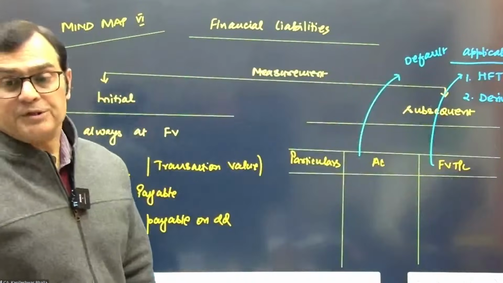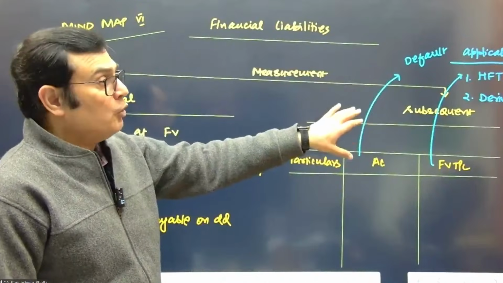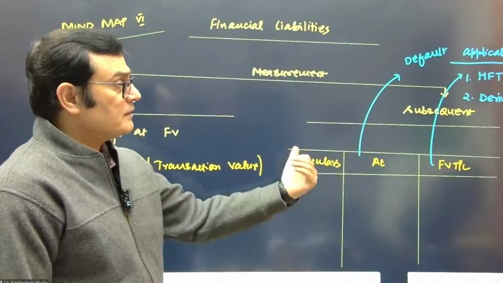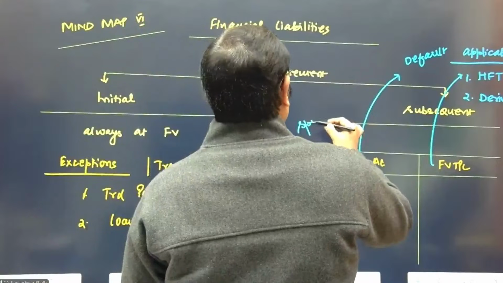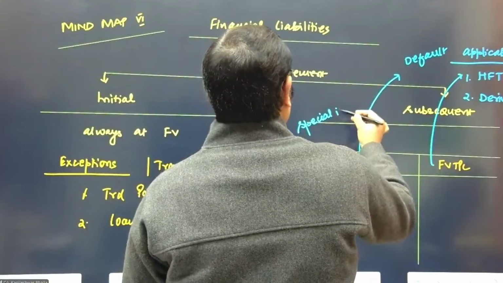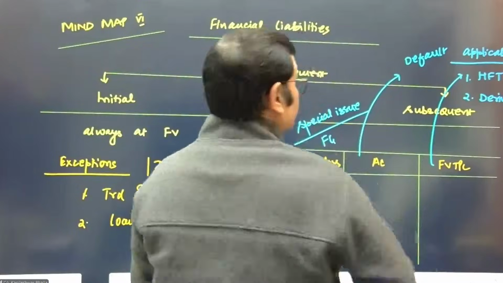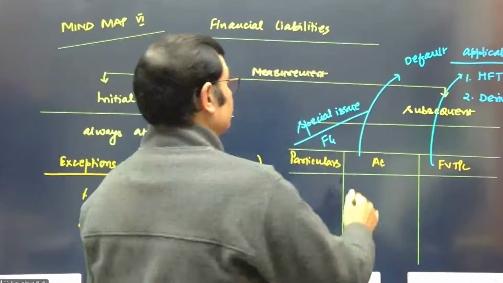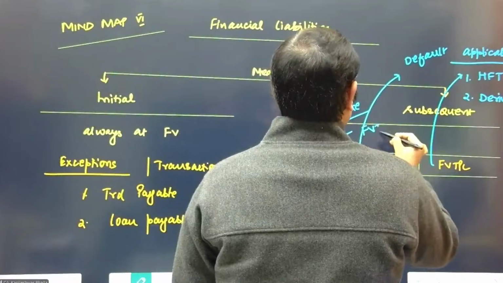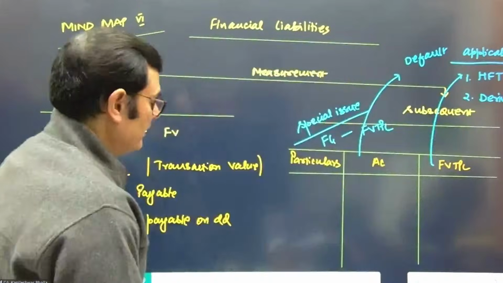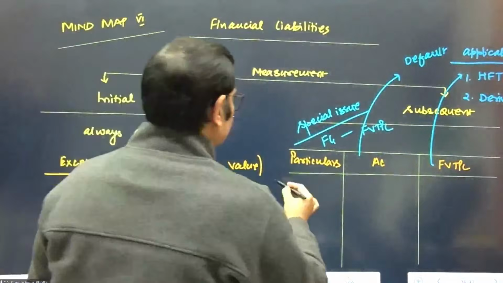So two exceptions when you consider FVTPL: if the liability is held for trading or if it is derivative; otherwise the default is AC. Then maybe later you can make references to the special issue, and that special issue is FG, financial guarantee, which is supposed to be again FVTPL. Okay, now let's consider the inputs in this case.